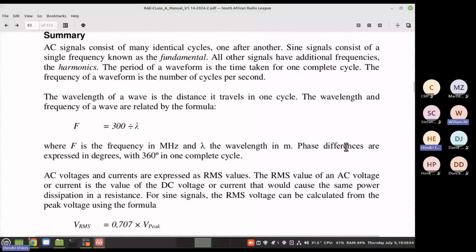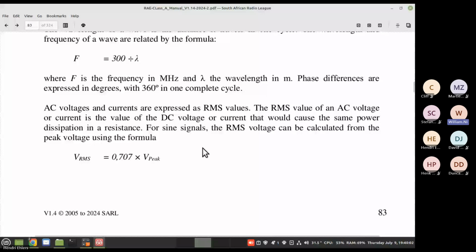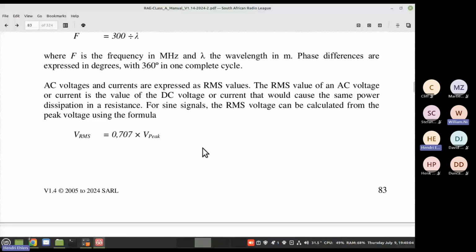Phase differences are expressed in degrees with 360 degrees in one complete cycle. AC voltages and currents are expressed as RMS values. The RMS value of an AC voltage or current is the value of a DC voltage or current that would cause the same power dissipation in a resistance.